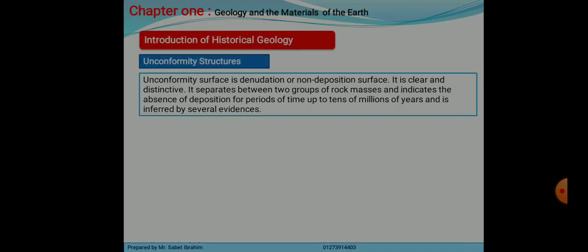And now, in the introduction to historical geology, we will also discuss unconformity structures. Unconformity surface is a denudation or non-deposition surface. It is clear and distinctive.